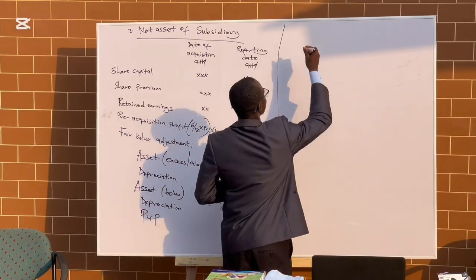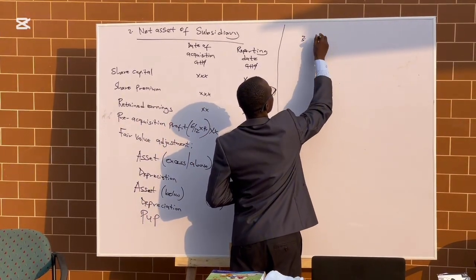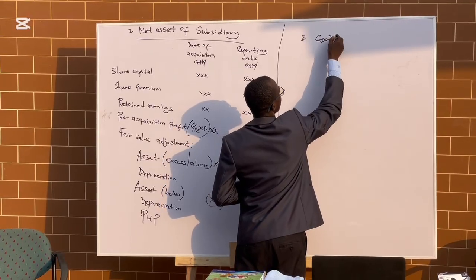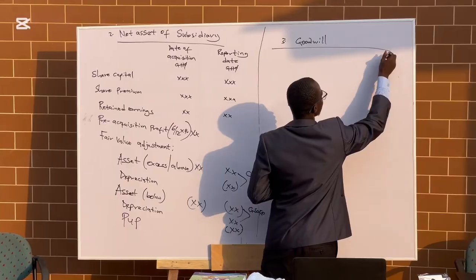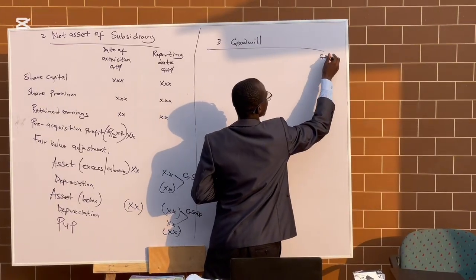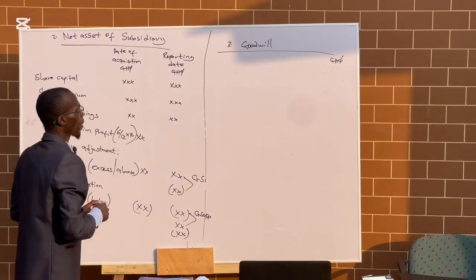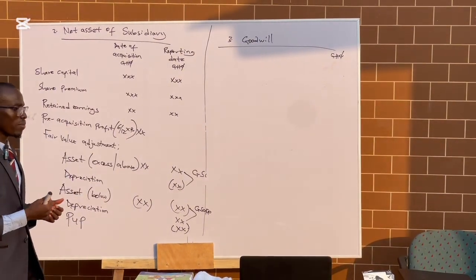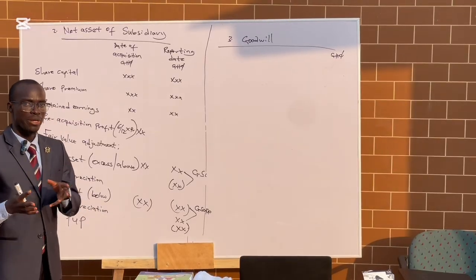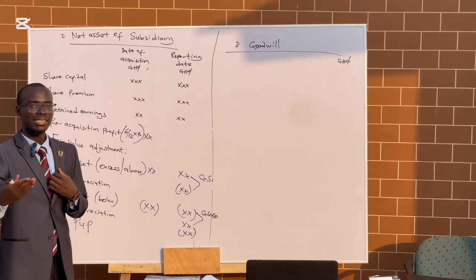Okay, so let's go to the third workings, which is goodwill. So for the goodwill aspect too, we know that we get goodwill when our consideration is greater than the net asset of the subsidiary. The consideration is the price we are paying to get something.